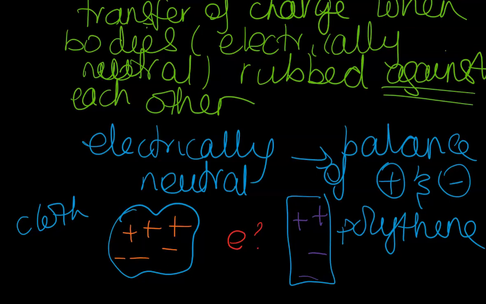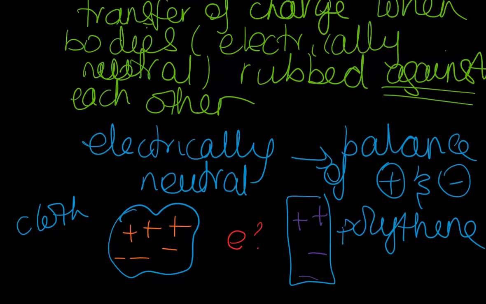Affinity means likeness. If I have polythene rubbed against cloth, what I mean is that those electrons, because of their position in the atom, are most free to go from one body to the other. And how do we know which direction the electrons are traveling?